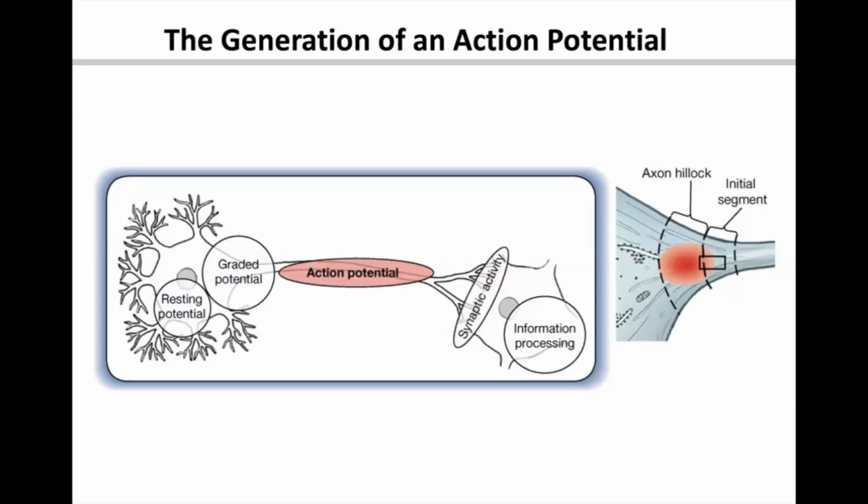It has sodium potassium channels, but not so many that it can create an action potential. But the axon hillock, which is also known as the trigger zone, has about 350 to 500 channels per square micrometer, which is enough to produce an action potential.